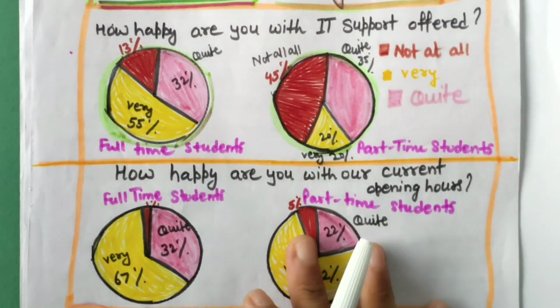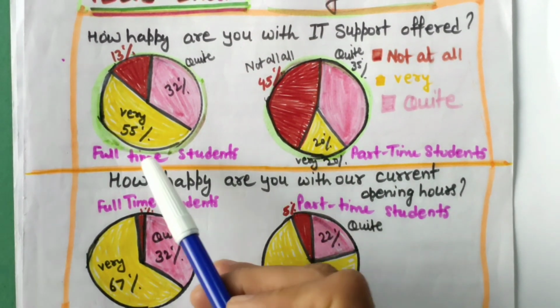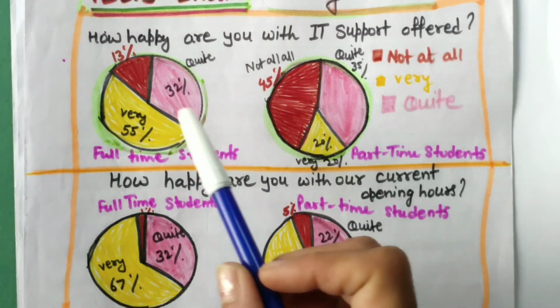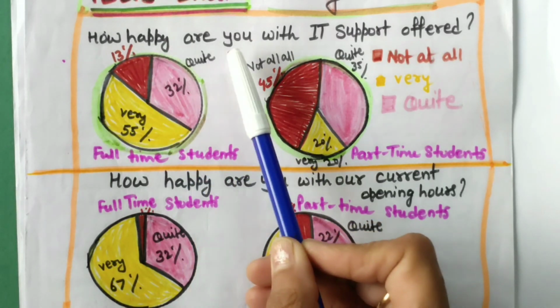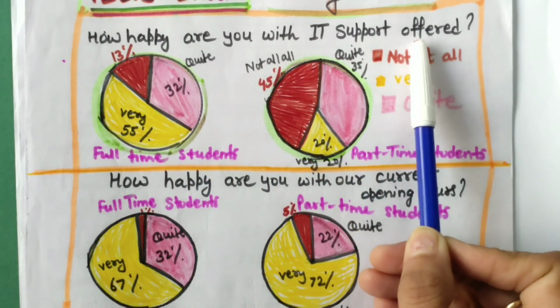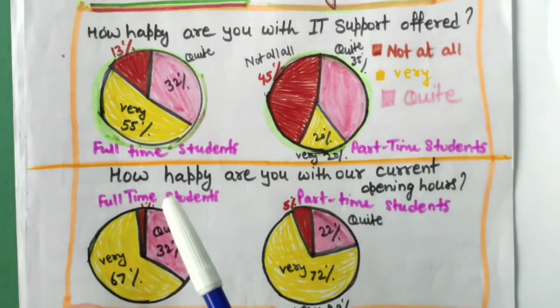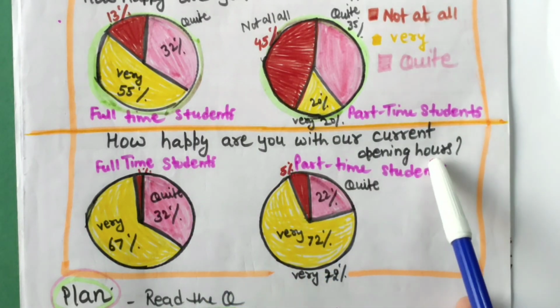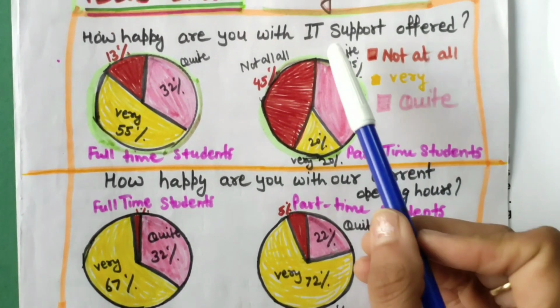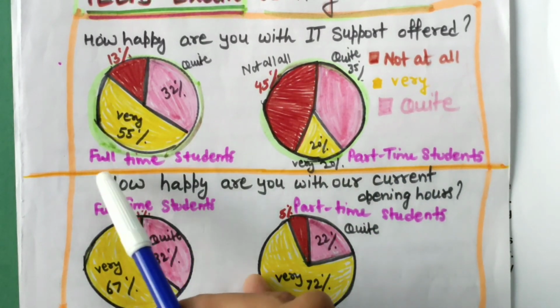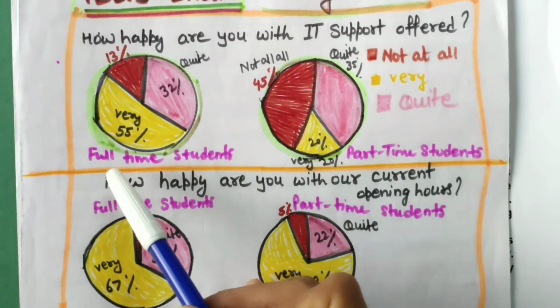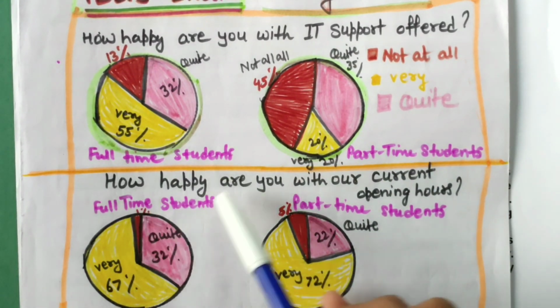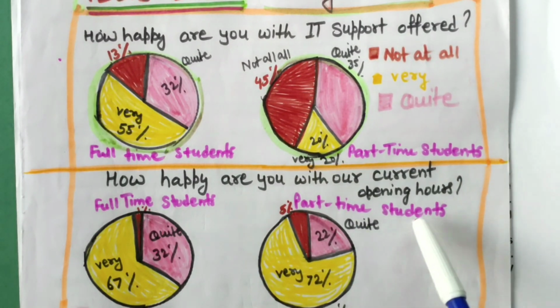Okay, now here I can see this one. So let's read the topic. How happy are you with IT support offered? And the second topic is how happy are you with our current opening hours, meaning library opening hours and library IT support. Here the left one's data is relating to full-time students, and here this is part-time students.